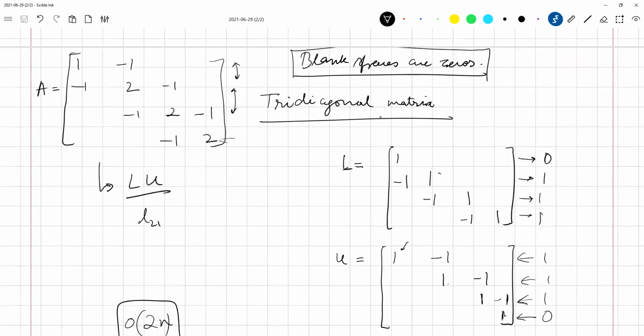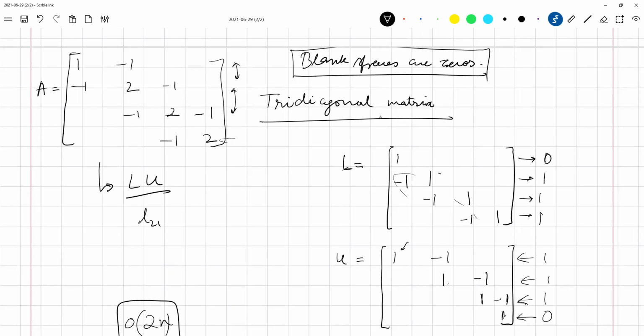No, this is just an example of a tridiagonal matrix. In the usual case, they might not match, and then you will not get such a nice looking result. But in this case these all are matching. In that case, these will not be matching. Other than that, you will still have 1 1 1 over here.